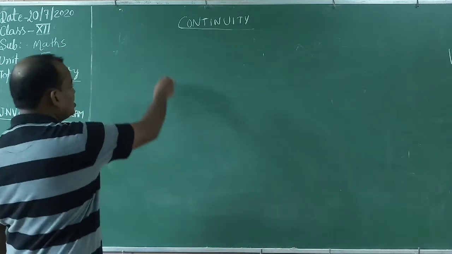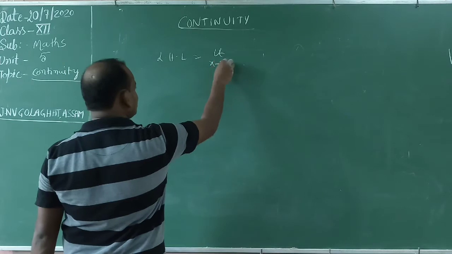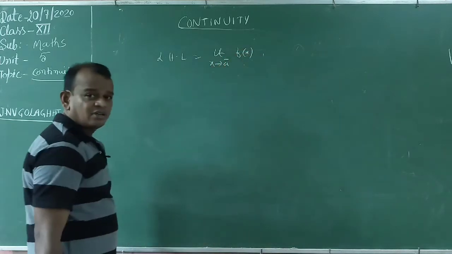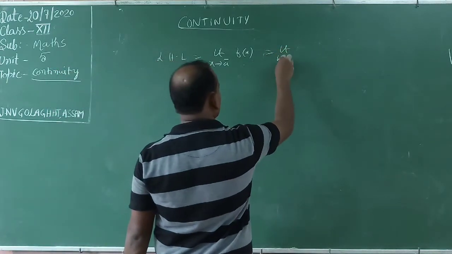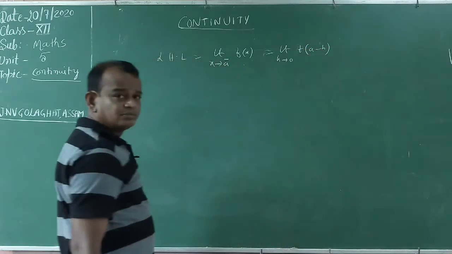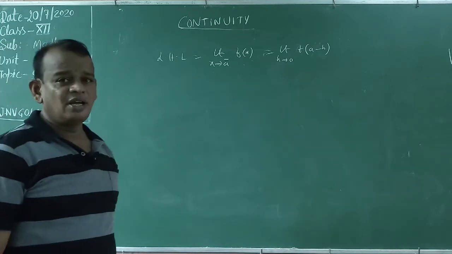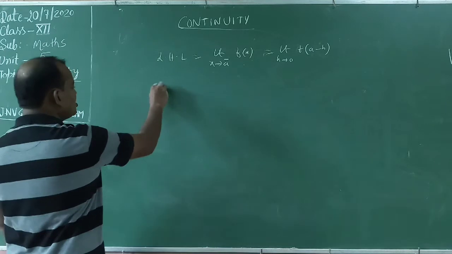Okay, what is the left hand limit? Limit x tends to a minus f of x. This we will also write as limit h tends to 0 f of (a minus h). Both are same. h is a very small quantity. a minus h.